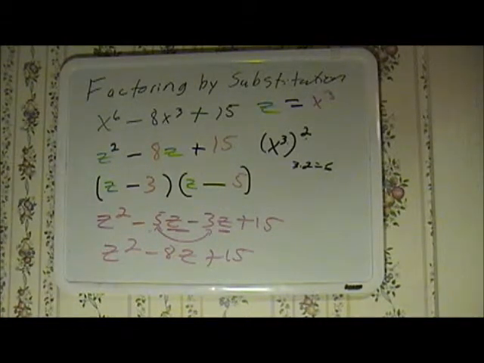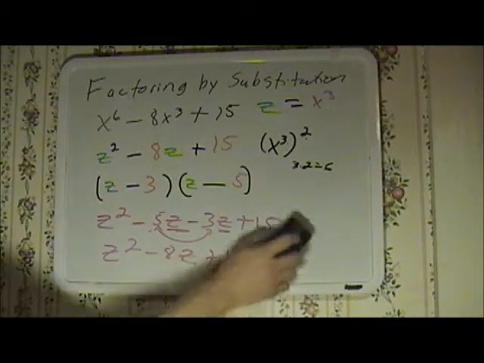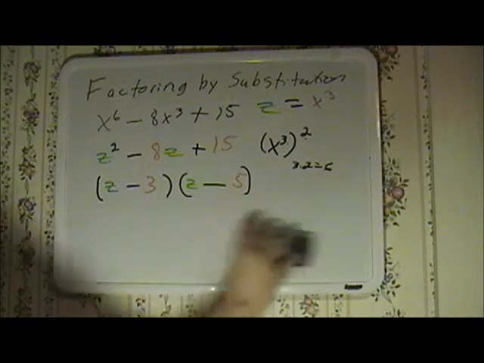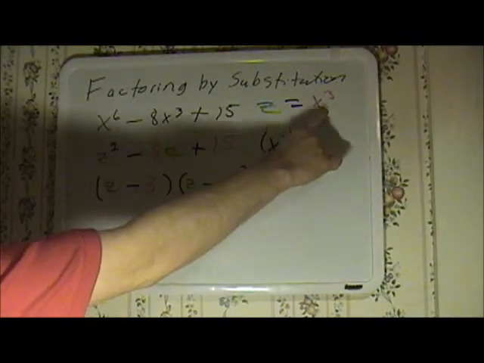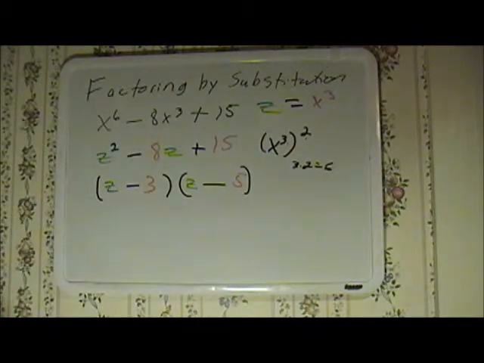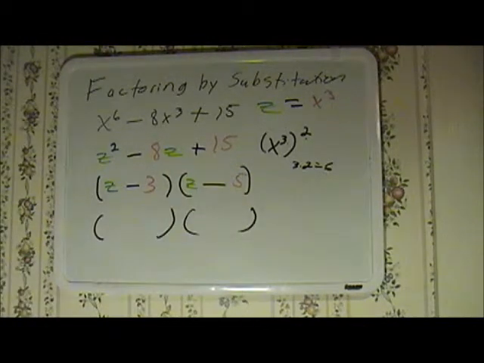But we have another step to do, because if you look up here in the question we were actually asked, there's no z. So we've got to get rid of that z and put it back the way it was. We're just going to reverse the process. Now everywhere we see a z, we're going to put an x cubed. So we come down here and set it up.